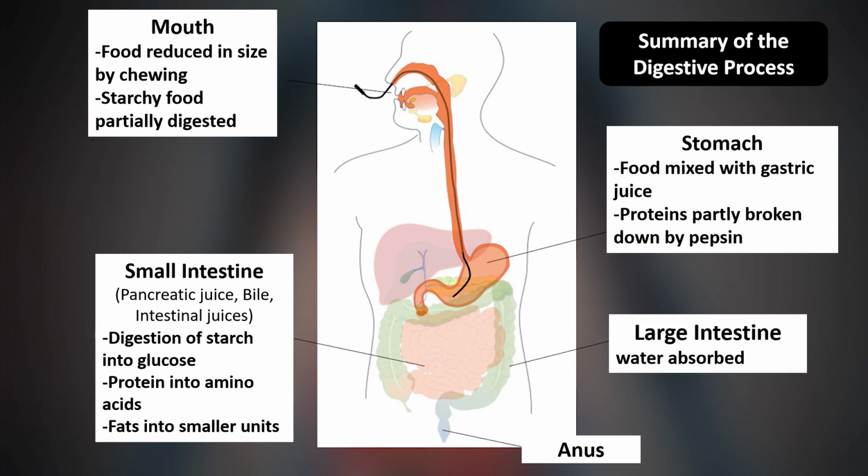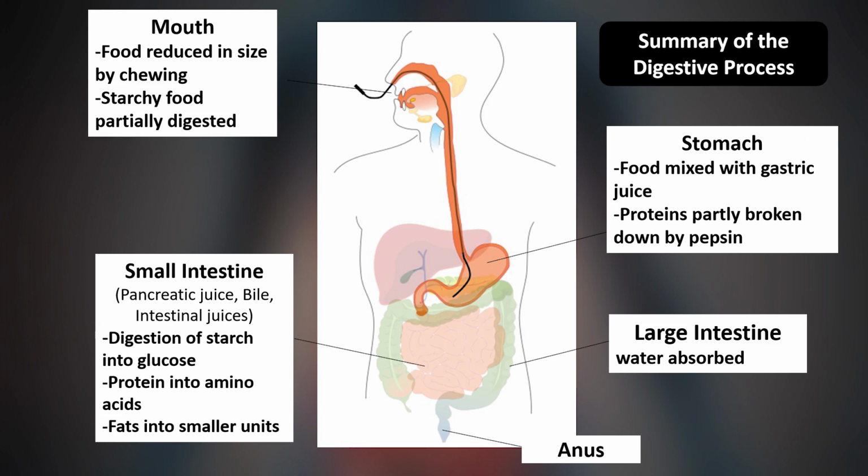Then this chewed food moves into the stomach. In the stomach, the food is mixed with gastric juices and proteins are partly broken down by the action of the enzyme pepsin. This food then moves into the small intestine, which you learned is a 20 feet coiled tube. Here, the pancreatic juices, the bile, the intestinal juices, they all act on the partially digested food.